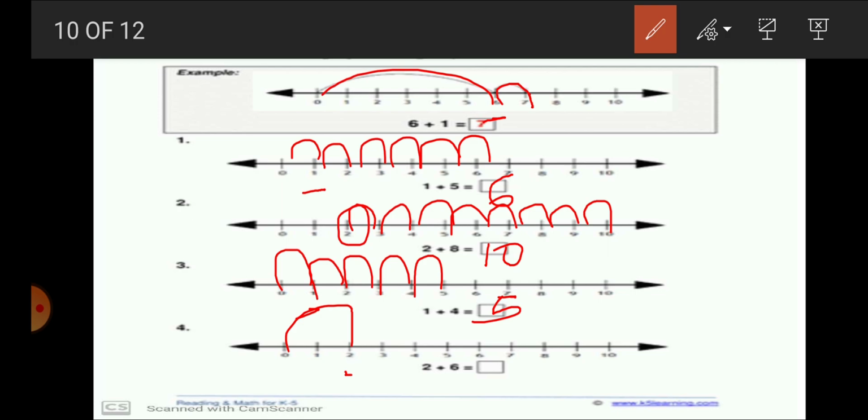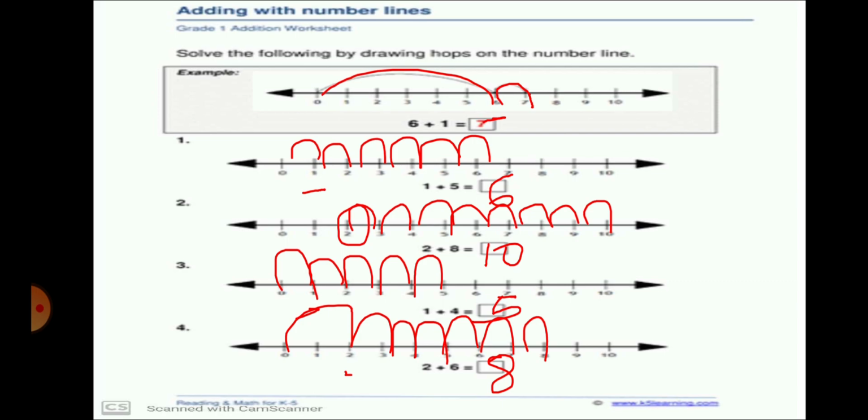No, it is 6. So we have to move 6 steps forward on the right side of the given number. Start counting. 1, 2, 3, 4, 5, 6. Where do we reach? We reach number 8. So we have to write number 8 in the given box.